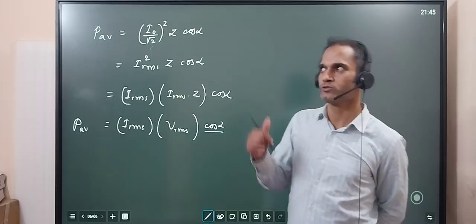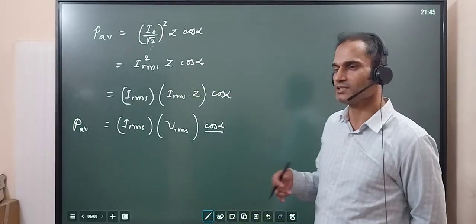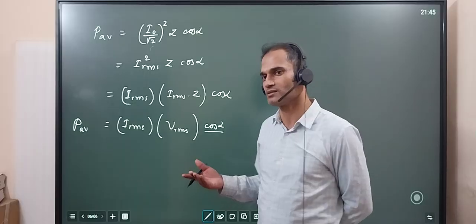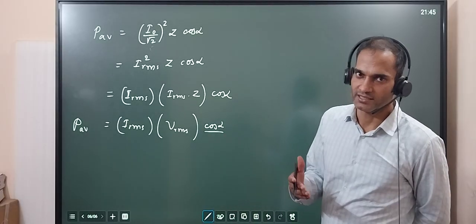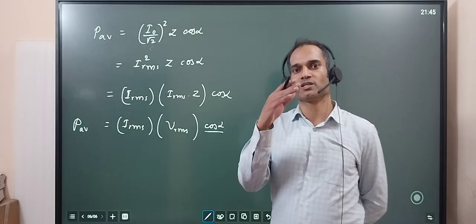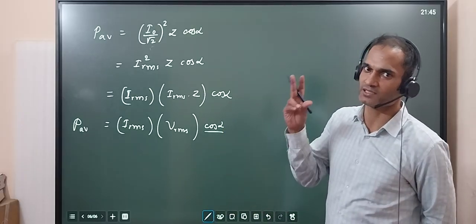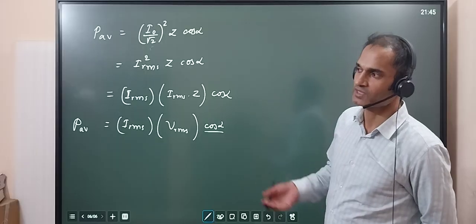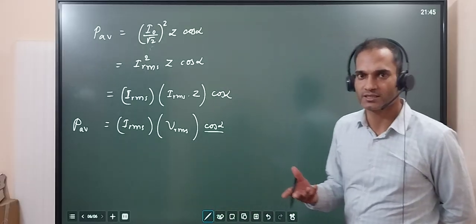Okay, we have also discussed purely capacitive circuit. What we discussed in purely capacitive circuit, the phase angle between the current and voltage was 90 degree, and because it was 90 degree, average power was 0. We also discussed the same thing in purely inductive circuit.